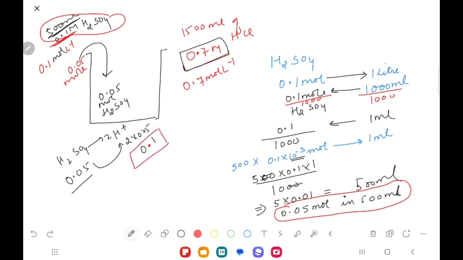So that means I have 0.1 moles of H plus coming from 0.05 moles of H2SO4. So from this solution, I'm having 0.1 moles of H plus. Do you understand what I'm doing? So I have now calculated how many moles of H plus I will be getting from H2SO4. Are you understanding my point?